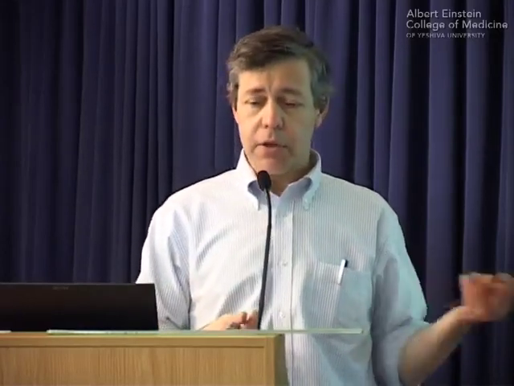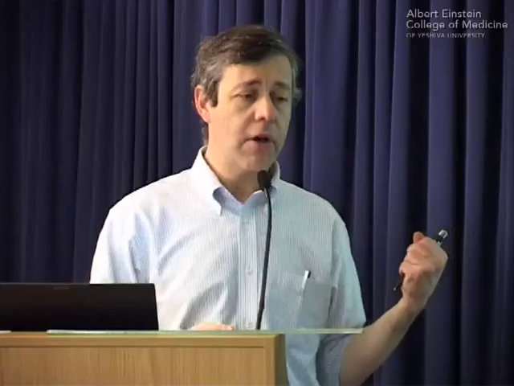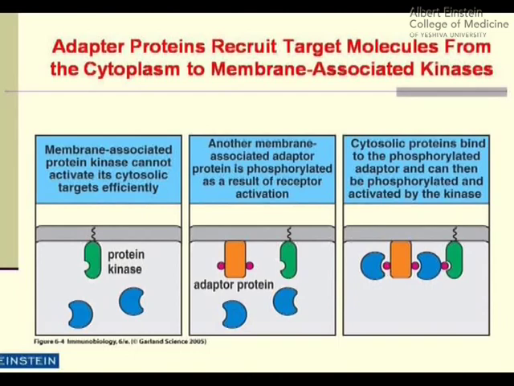Now, in addition to the signal transduction molecule itself, you also need a way of recruiting molecules near the kinases, because you need to bring them into an area where they could be acted upon by the kinase. In this example, we have a membrane-associated protein kinase, and down here in the blue are the substrates. If these substrates are down here, they really can't be phosphorylated by the kinase.